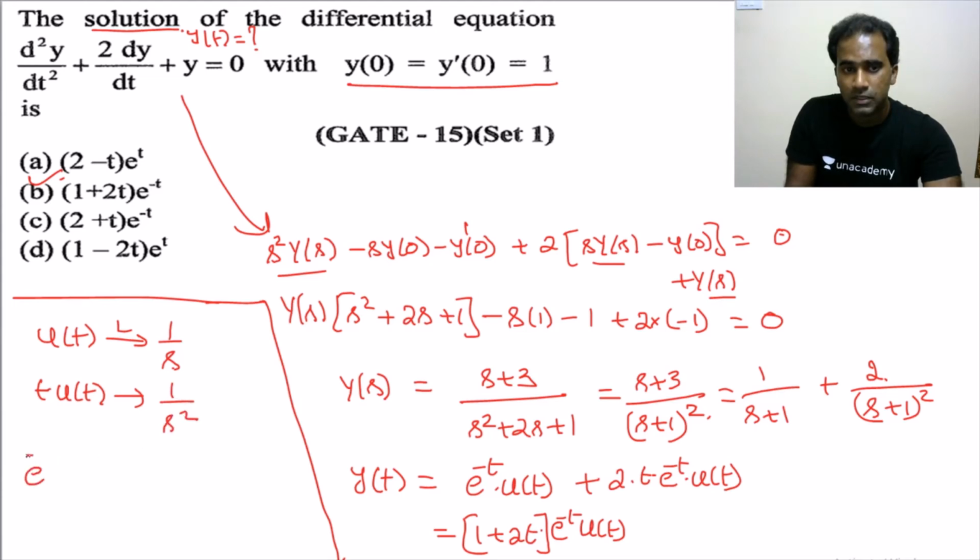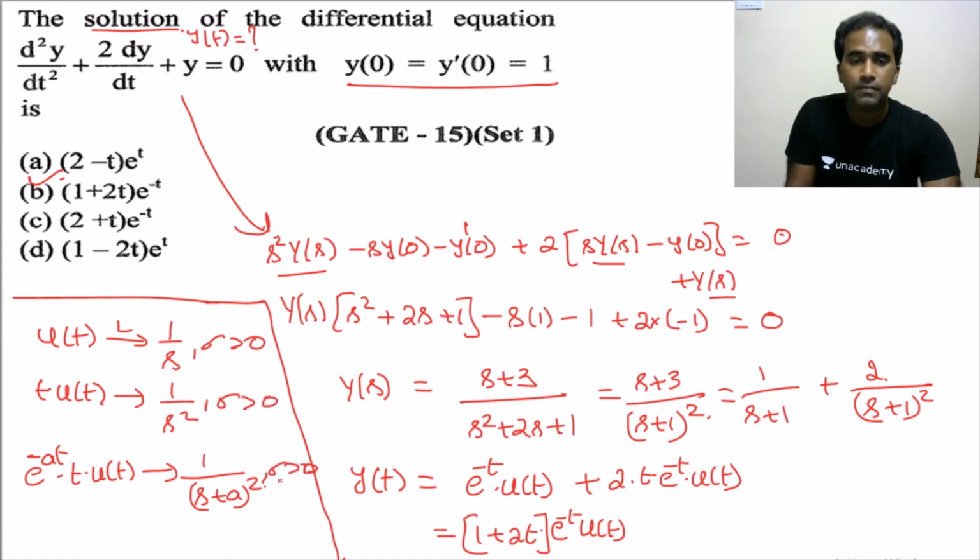Now if you multiply with e power minus at into t into u of t, that is the shifting property. If any signal is multiplied with e power minus at, in the Laplace transform, replace s with s plus a. So the ROC will be sigma greater than 0. Sorry, here it should not be sigma greater than 0. My mistake. Let me write it once again.